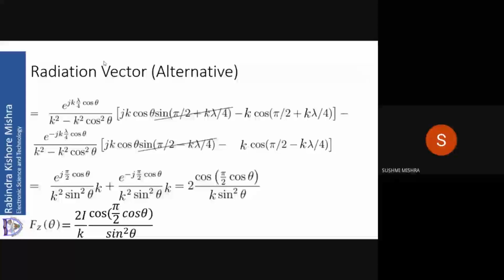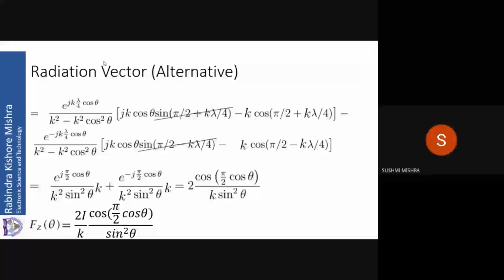Therefore, in both the terms the denominator becomes k, sine square theta is common. So in the denominator we will take sine square theta common, k remains common. So then now I bring in I. So Fg will be 2I upon k into cos pi by 2 cos theta divided by sine square theta.